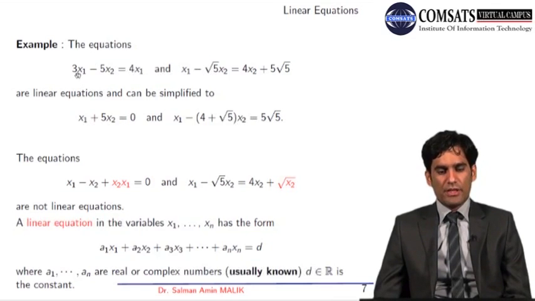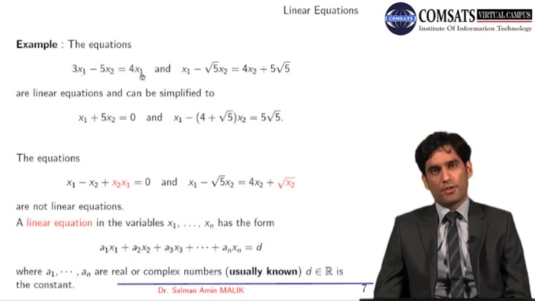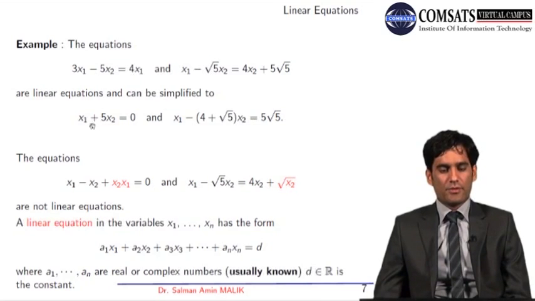We take the 3x1 to the other side of the equality symbol, and it becomes 4x1 minus 3x1, which turns out to be x1, and we take this also to the other side of the equality. So ultimately we have x1 plus 5x2 equals 0. Similarly, we do the simplification for this one.